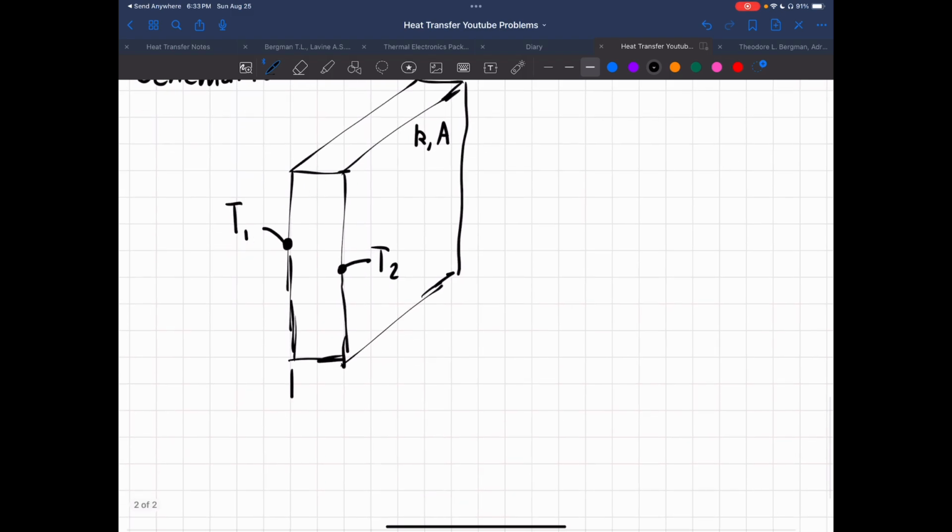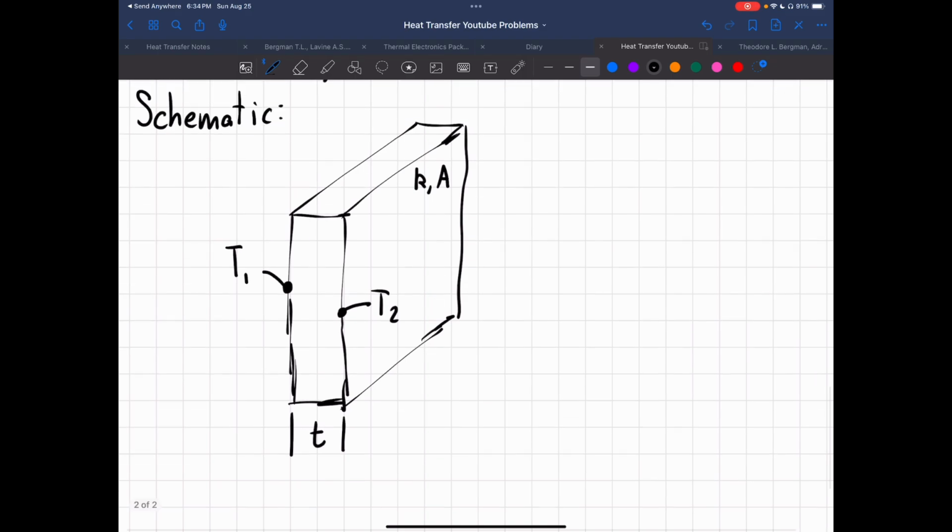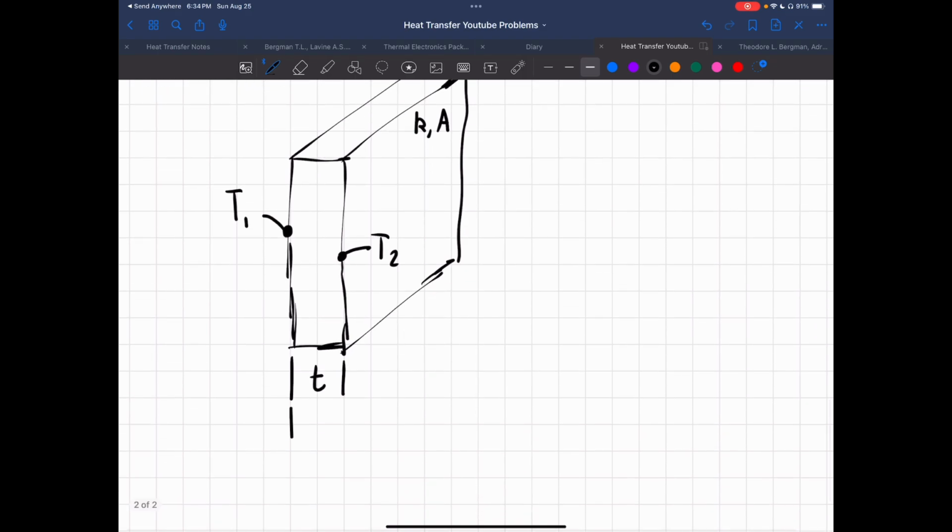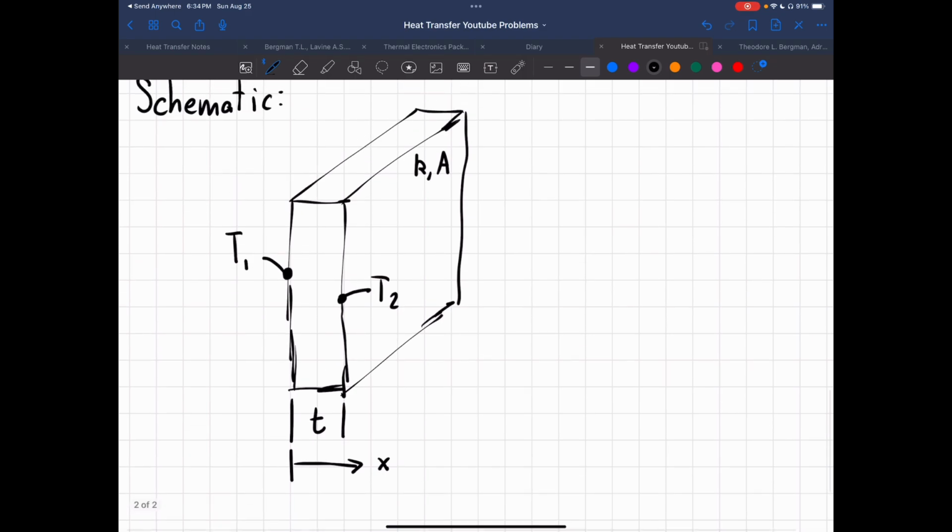We know that this distance here is t, that 20 millimeters from earlier. We know that heat transfer is going from T1 to T2, which is in this direction, and I'm going to call this the x direction, keeping what we said earlier. And finally, the last thing I'll draw is our actual heat transfer, which I will draw with a squiggly arrow, and I'm going to call that q cond for conductive.